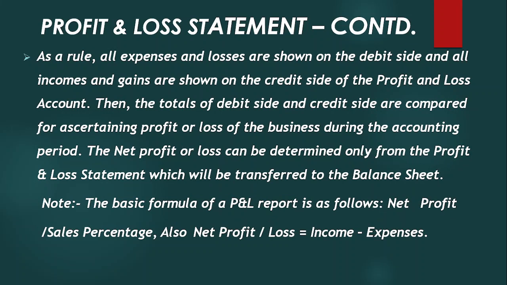As a rule, all expenses and losses are shown on the debit side and all incomes and gains are shown on the credit side of the profit and loss account. Then the totals of debit side and credit side are compared for ascertaining profit or loss of the business during the accounting period.